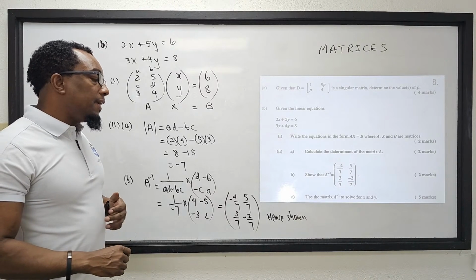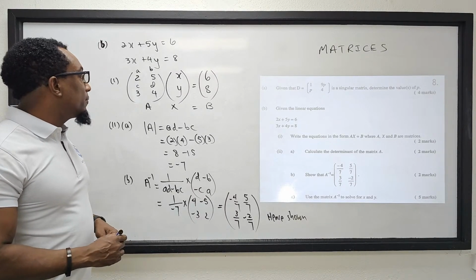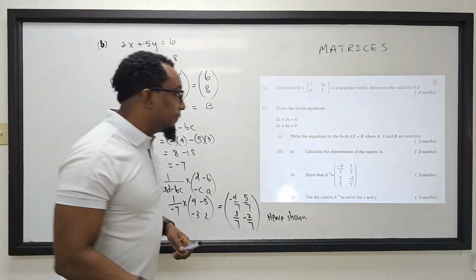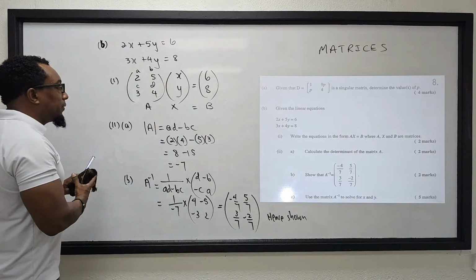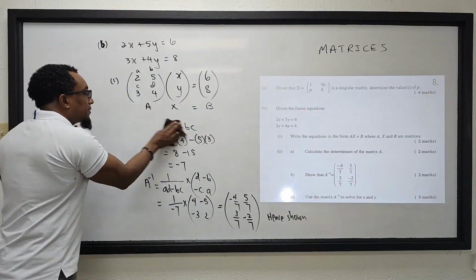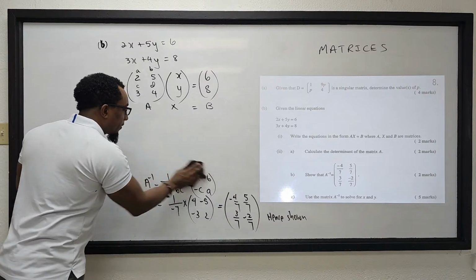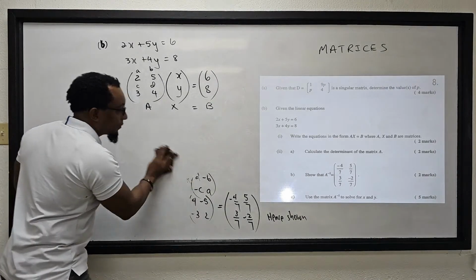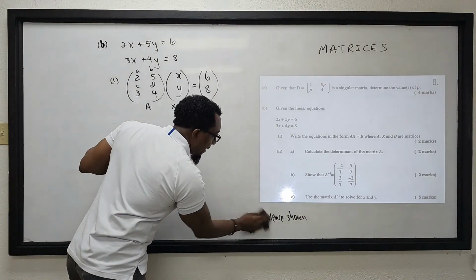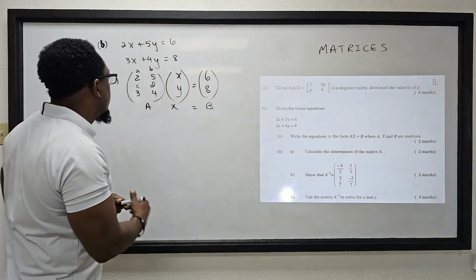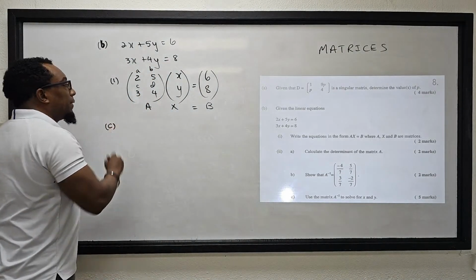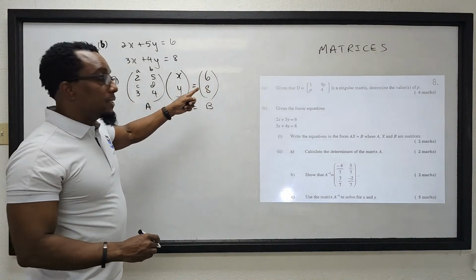And use the inverse to solve for x and y. So let's use the inverse, which is this here, to solve for x and y. And how do we do such? So I'm going to erase this part here, so we can have part C. Part C will take us back to the matrix equation.